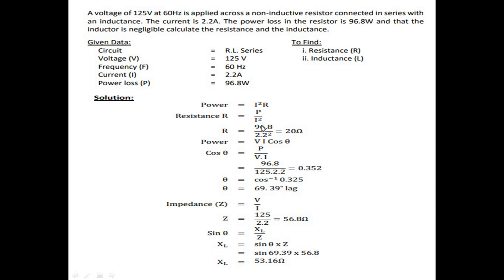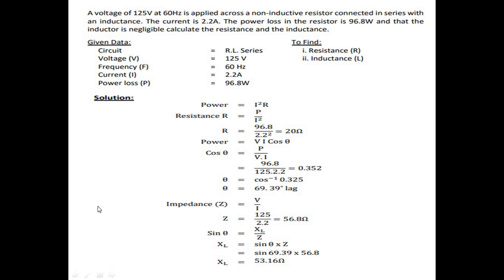Here power is equal to I squared into R. Resistance R is equal to P divided by I squared, 96.8 divided by 2.2 whole squared, that is equal to 20 ohm. Then power in an AC circuit is V into I cos theta, so cos theta is equal to P divided by VI, 96.8 divided by 125 into 2.2, that is equal to 0.352. Then theta is equal to 69.3 lag.